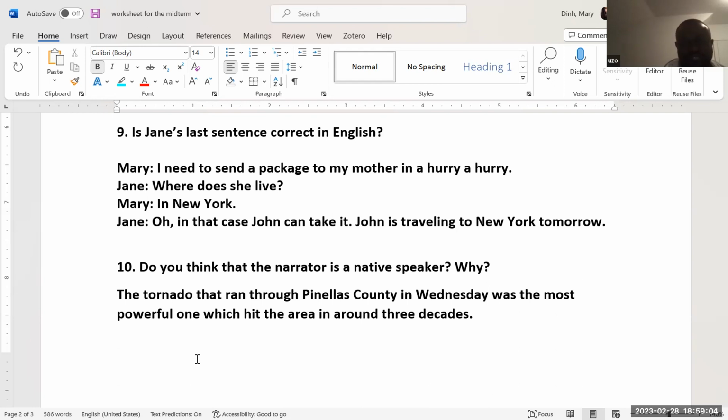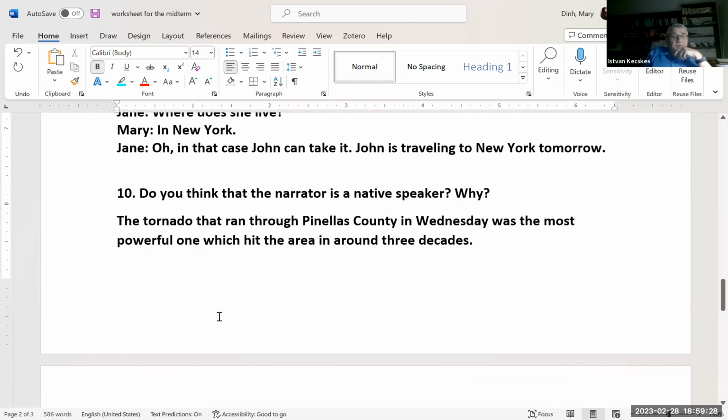So Jane uses it to refer to the package in this last sentence. Yeah. And there's an agreement and understanding that since John lives in New York and John is traveling tomorrow, then Mary shouldn't bother that John will take it as he travels. So I think it's correct. Yeah. Okay. All right.